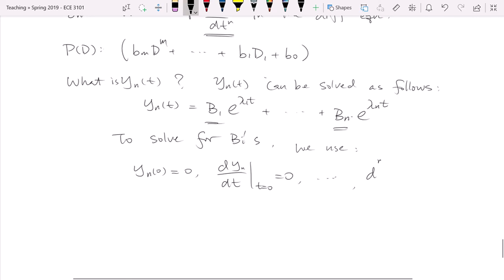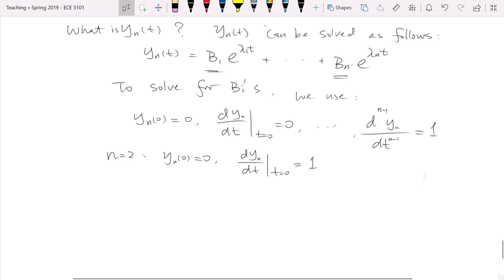Up to d^(n-1) y_n/dt^(n-1) equal to 1. So in other words, you want to set initial conditions to a bunch of zeros and end the last one with 1. For instance, if n equals 2, that means y_n(0) equals 0, and dy_n/dt at t equals 0 equals 1. So you can see it's slightly different from what you have above, but you start with zeros and the last initial condition you put will be 1.